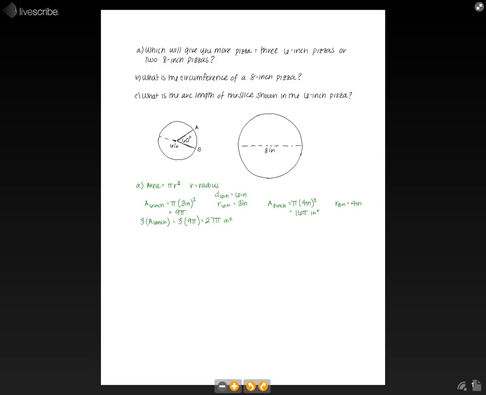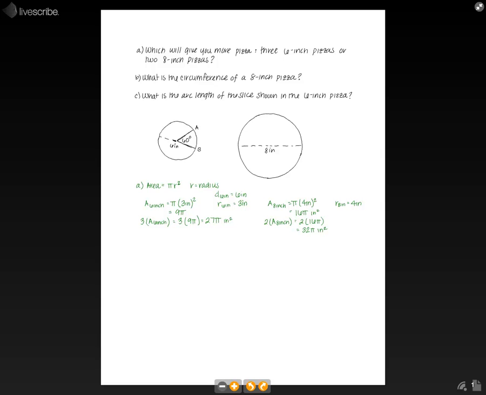That's the area of one 8-inch pizza. Now we know that we have 2 8-inch pizzas, so we need to do 2 times the area of one 8-inch pizza. So that's going to be 2 times 16 pi, which is going to equal 32 pi inches squared.